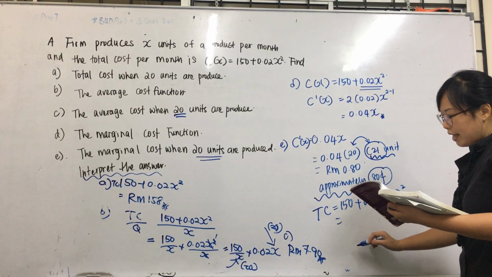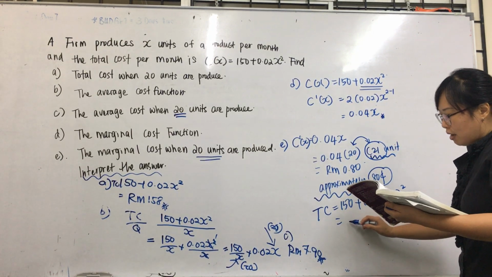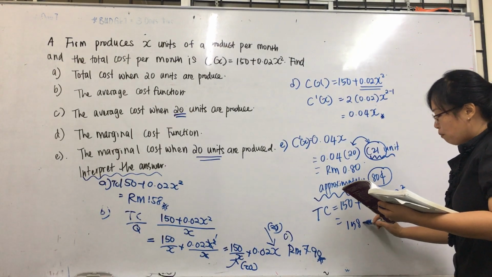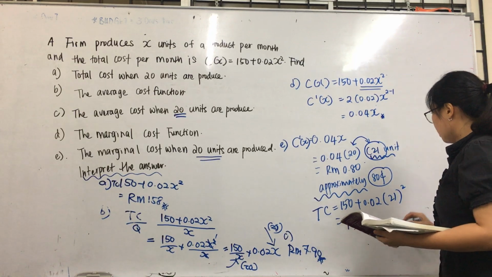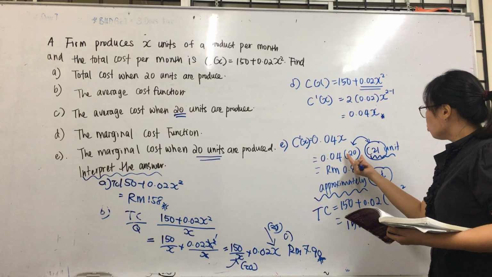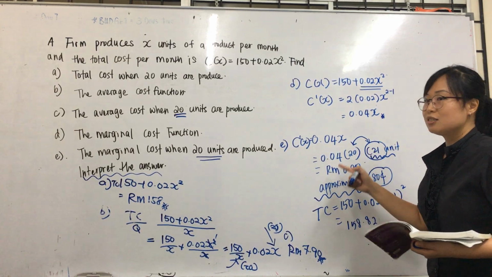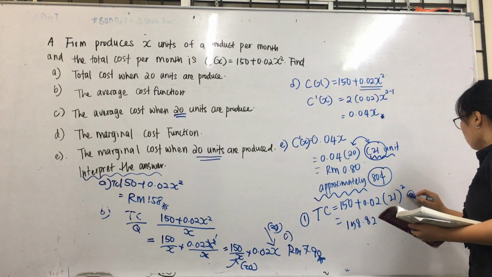So you will get this amount, 158.82. And of course, within 20 to 21st, you need to use the 21 units minus the 20 units. So this is the first one you need to find out.